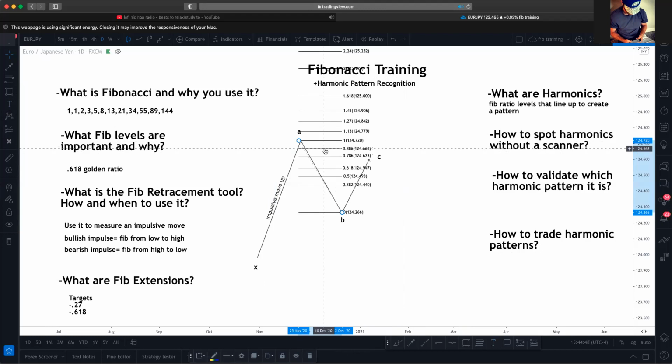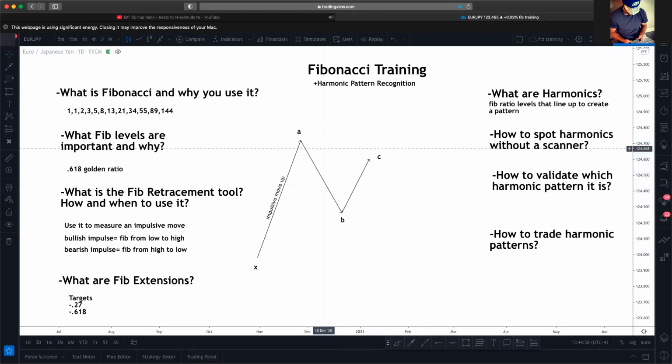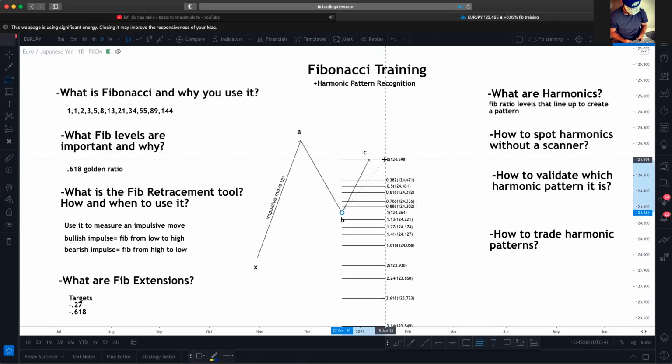Now, to find the D leg, I'll answer that question in a second, Tiffany. To find the D leg, what you're doing is you're measuring B to C. Okay? And the B to C is in between this zone.